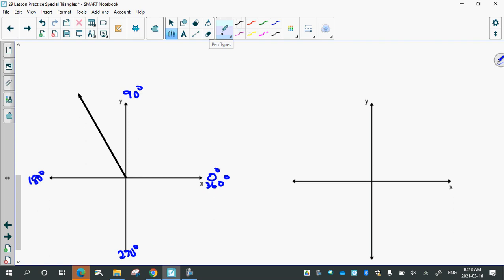So here's 120 degrees. Now, in these questions, alpha is always going to be 30, 45, or 60. Okay?